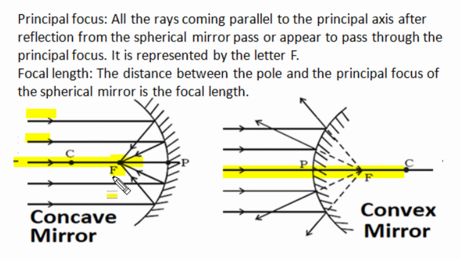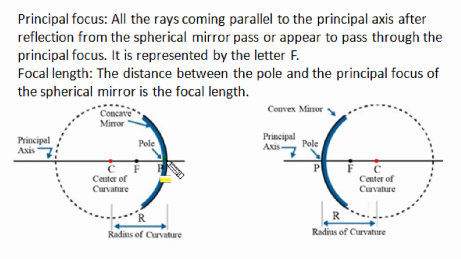This principal focus is denoted by capital F, as indicated for both. The distance between pole and principal focus is known as the focal length of the spherical mirror, and it is half of the radius of curvature for both concave and convex mirrors.